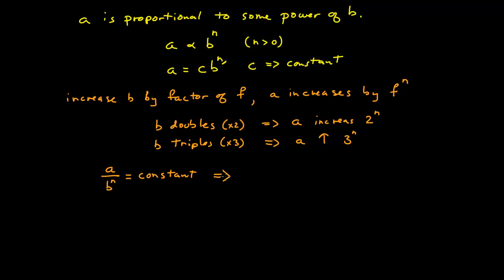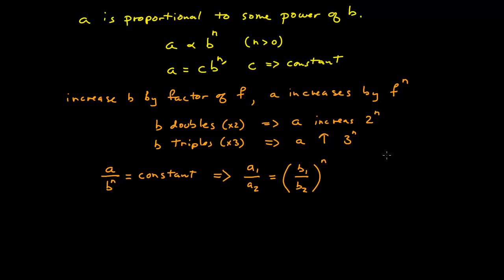And that also means for any two sets of A's and B's, A1 over A2 is equal to B1 over B2 to the n.